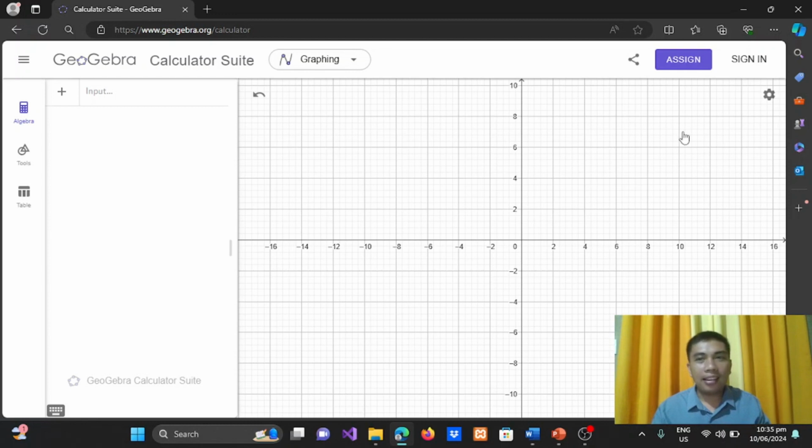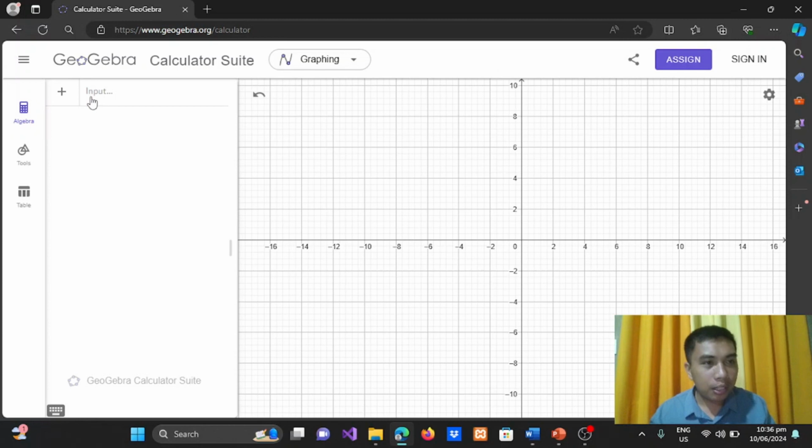So at least now you already have more idea about GeoGebra if still you are not familiar with it. When we are going to graph a certain function, let's say for example, g of x equals 3x minus 5.